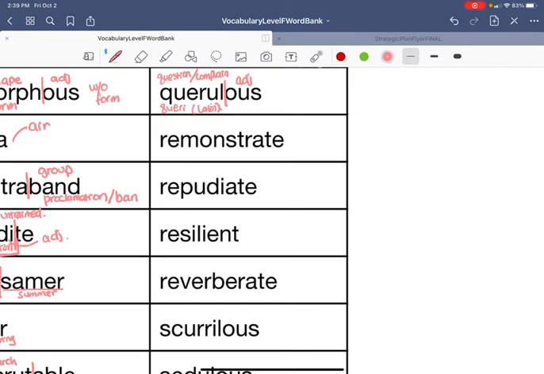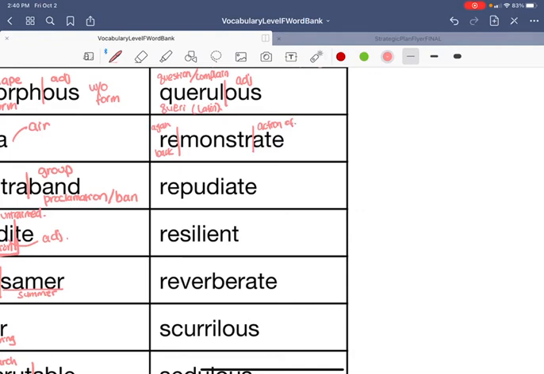Okay, I actually really like the next word, remonstrate. Re can mean again, or it can mean back. And ate, action of.